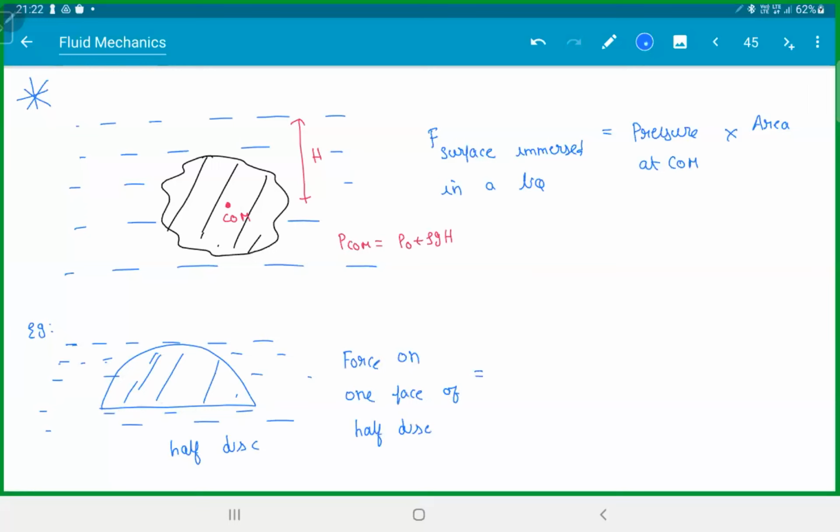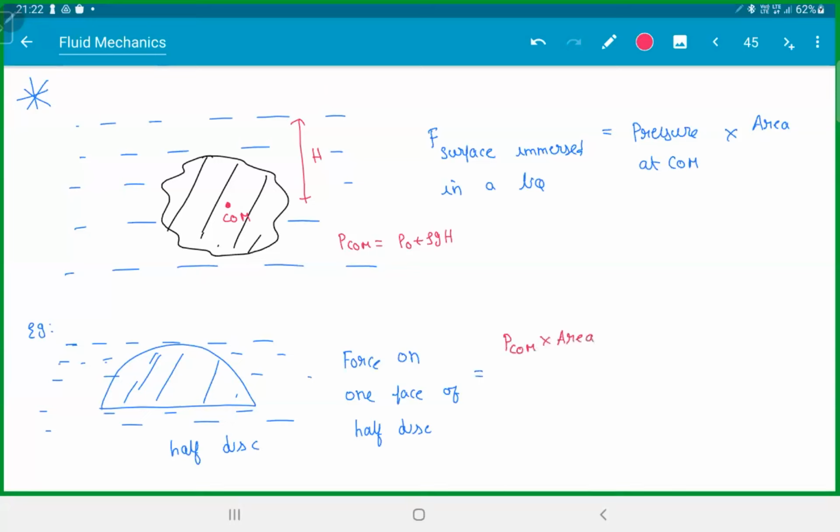See, I'm taking a disk and immersing it like this. If you can see my video screen, I'm just taking the disk and immersing it like this. I'm asking you to find the force on the front face. Actually, liquid will push from both sides. Now, that will cancel. But if I want only one face, this is given by the pressure at the center of mass into the area.